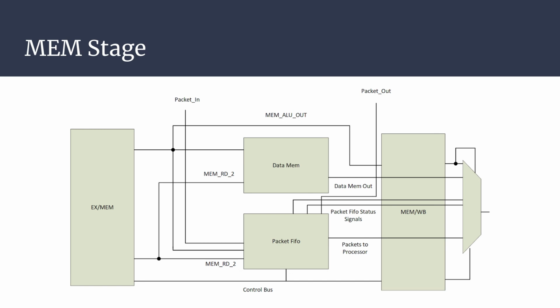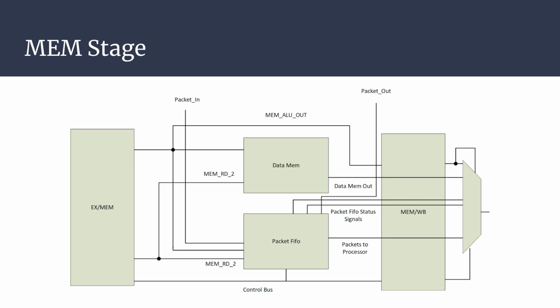So we added our packet FIFO in the MEM stage. This allowed us to treat the packet as extended memory. So currently our data memory ends at address 511, but when we added the packet FIFO, the first address of the packet FIFO will be address 512.